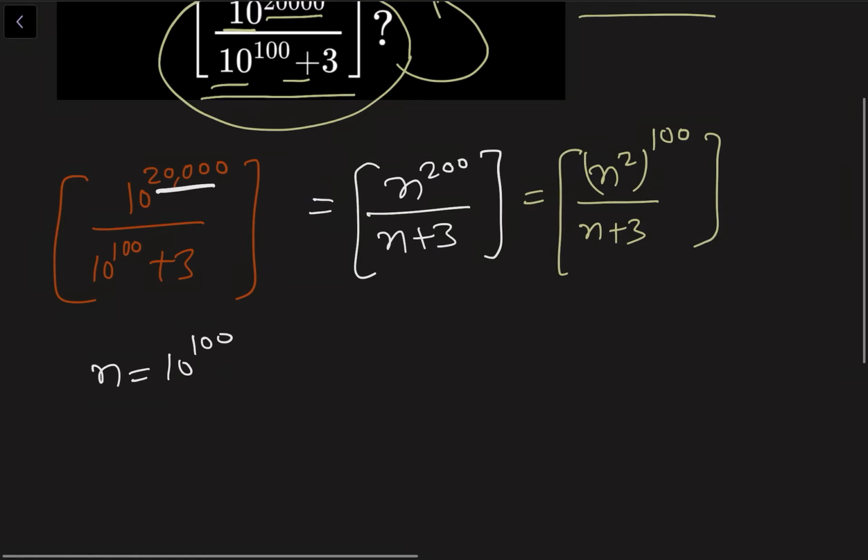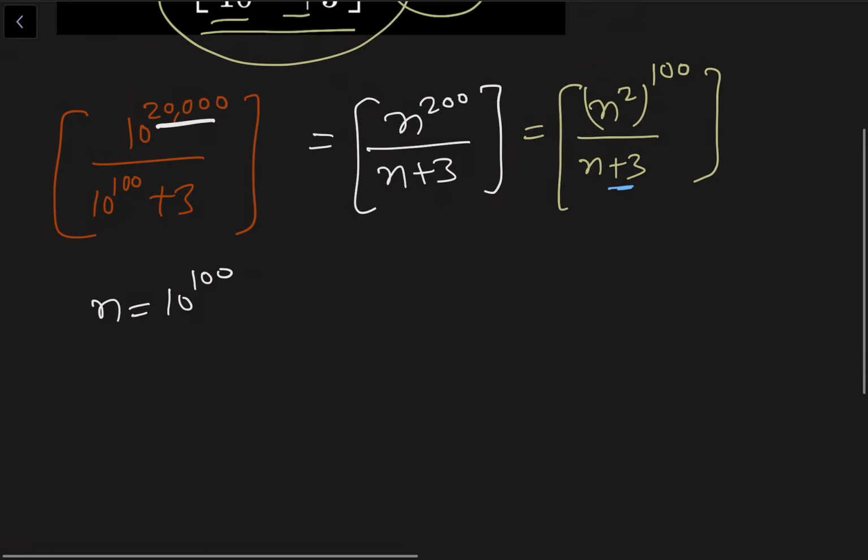Now how can we eliminate this plus 3? In the numerator I add and subtract 3 square raised to power 100.